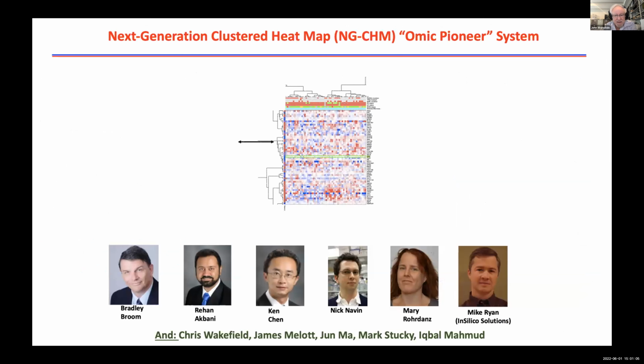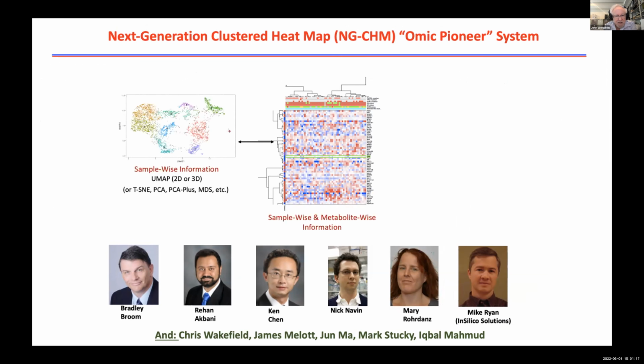As part of it, let me introduce you to what we've called Omic Pioneer, which is the NGCHM, Next Generation Clustered Heat Map, but then tightly bound to sample-wise information such as a UMAP, a t-SNE, PCA, PCA+, or MDS. And also on the other side to pathway and potentially to gene ontology and similar kinds of information.